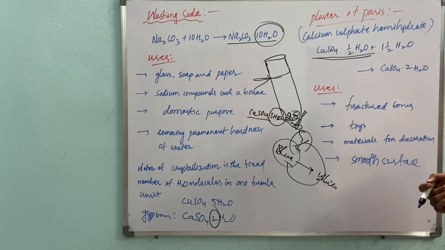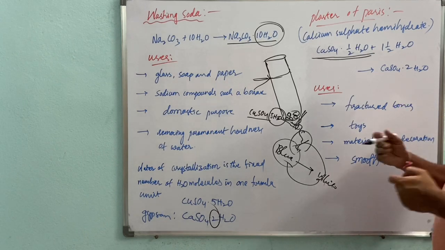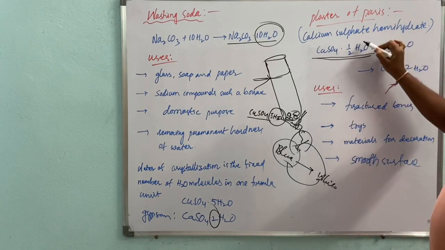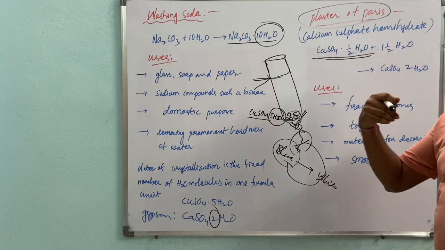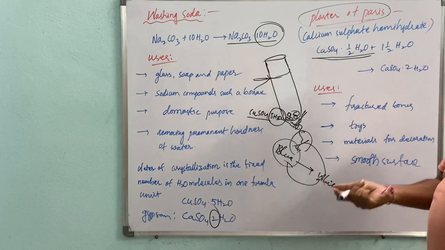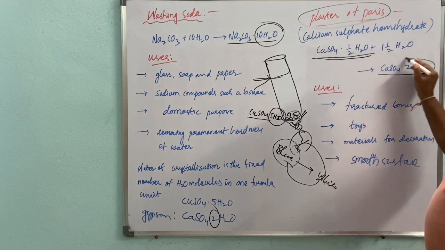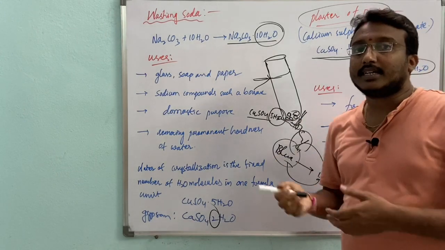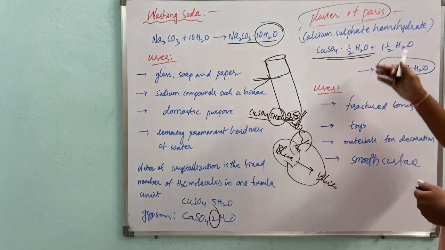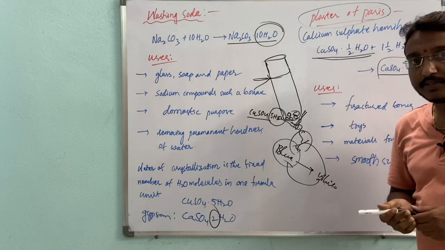Okay, right. And when we add water to the plaster of Paris, it converts into gypsum. Then gypsum is a very hard substance.